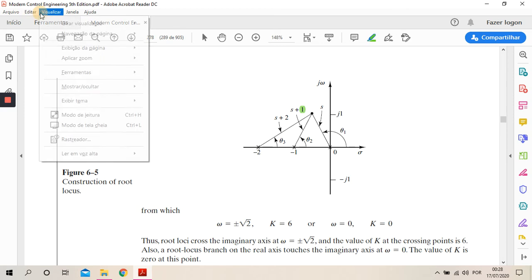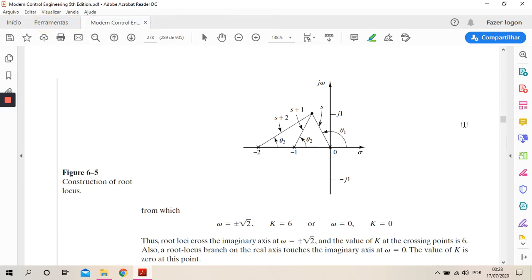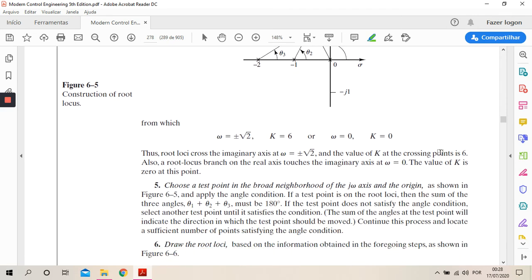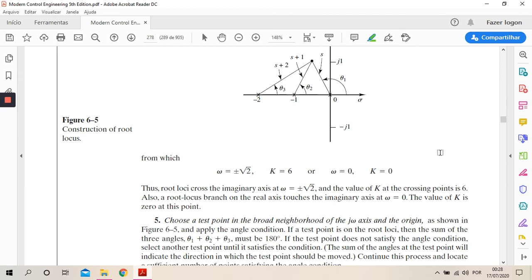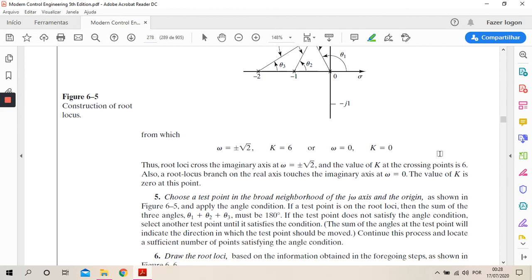And we are going to use test points here to check if the condition is satisfied. Choose a test point in the broad neighborhood of the jw axis and the origin, as shown in the figure, and apply the angle condition. So we need to use the angle condition to see if it is satisfied. If it is not, we are going to discard this portion of the complex plane.